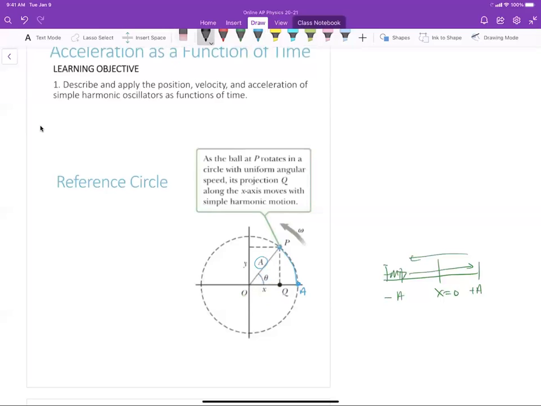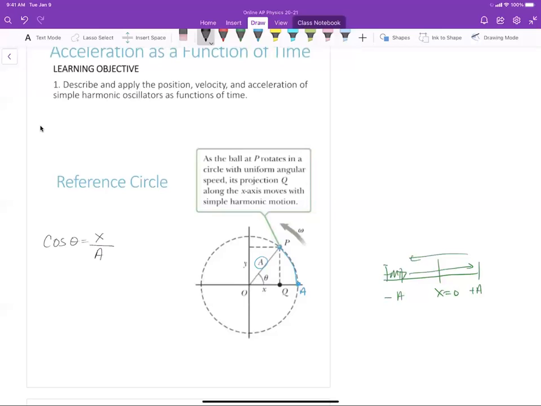The X location at that moment in time is adjacent to that angle. And so we know that the cosine of that angle is equal to X, whatever that position is at that moment in time, over the amplitude, which is the maximum distance it would be in this particular simple harmonic motion.